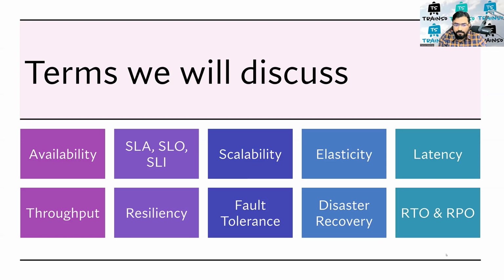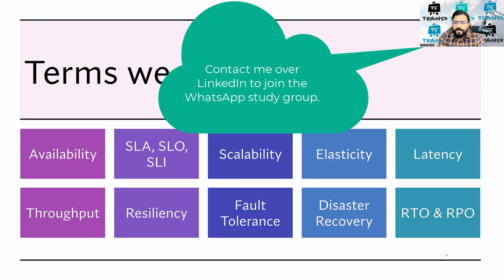Based on your current knowledge level and your interest, you should be going deeper into each of these, maybe with a Google search. And if you are not able to understand any of these in detail, you are always free to ask in our systems design discussion WhatsApp group.